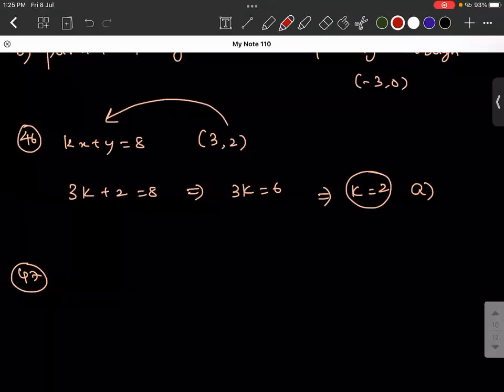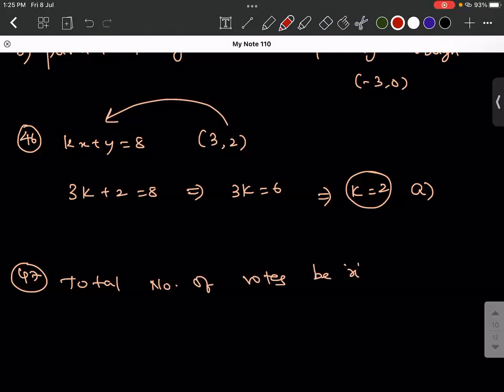Then we have to find 100%. So let the total number of votes be X. Out of this X, 60%. So 60% of this X is how much?